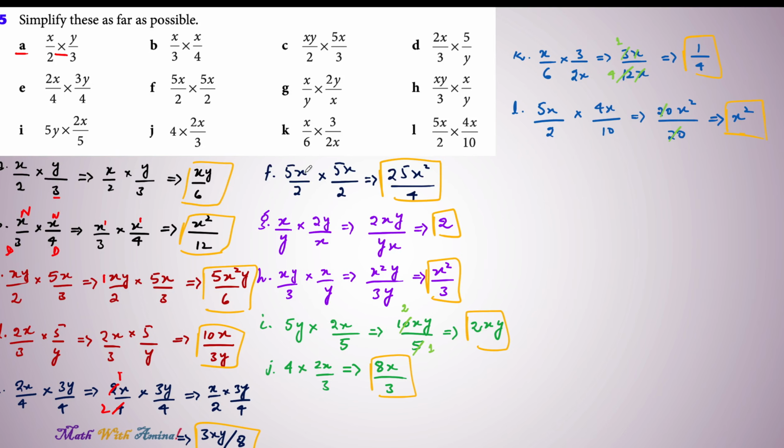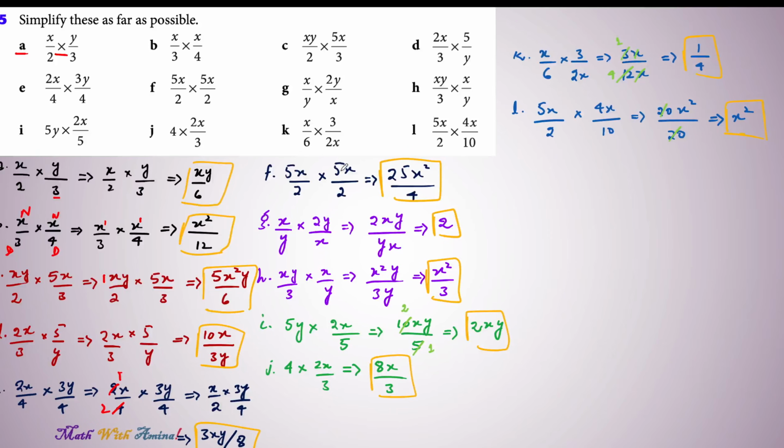Then we have 5x over 2 multiplied by 5x over 2. These are the same fractions being multiplied with each other, so again the same rule follows. The numerator gets multiplied with the numerator and the denominator gets multiplied with the denominator.